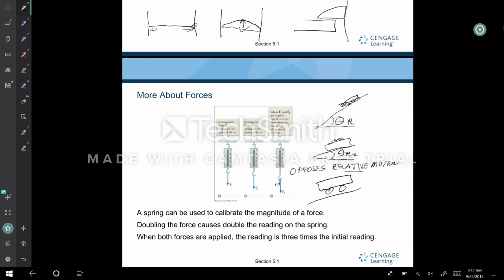How would it move if it was on roller skates? How would it move if I removed friction? In this case, it would do what? It'd go down. So which way does friction have to be? It has to go up. So it moves down, right? So that means force of friction would have to be up.